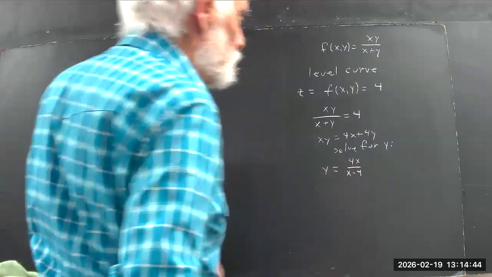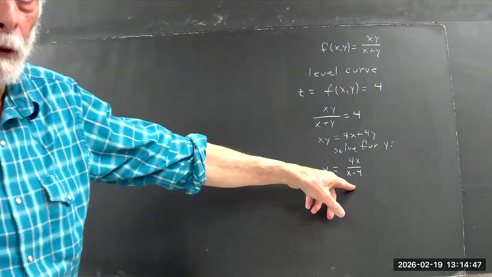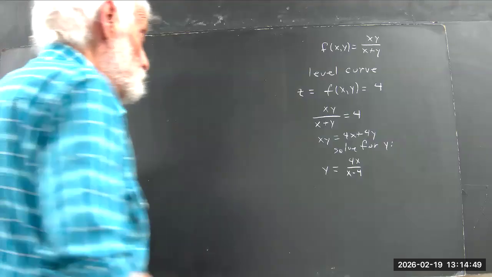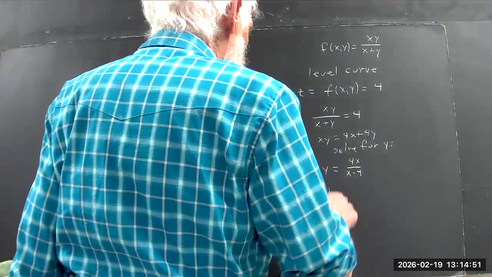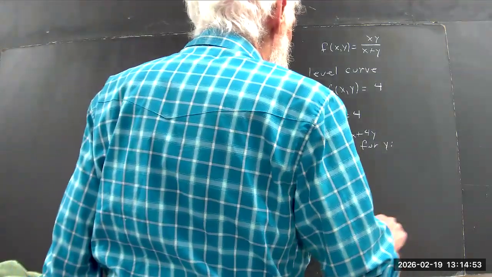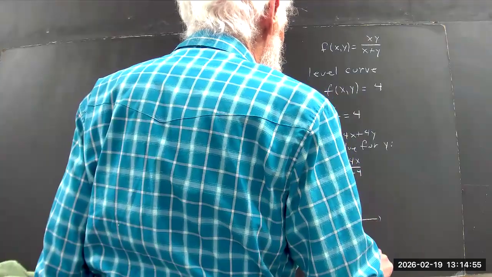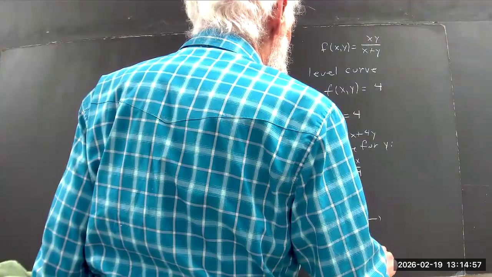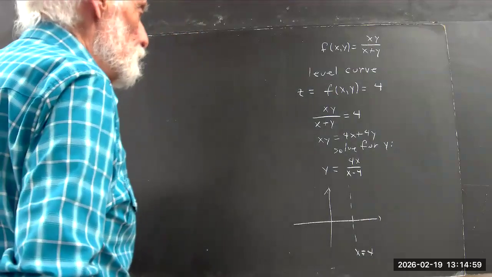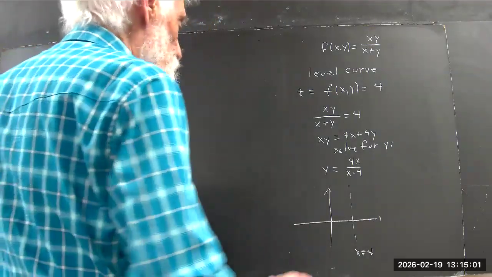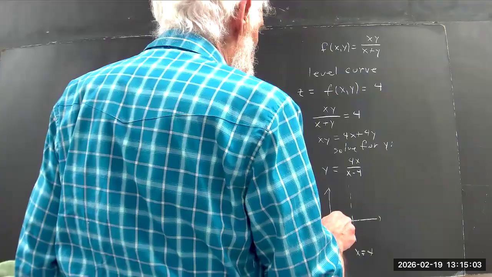Okay, that's just a rational function with a vertical asymptote at x equals 4. And it takes value 0 when x equals 0, so I know it goes through this point.